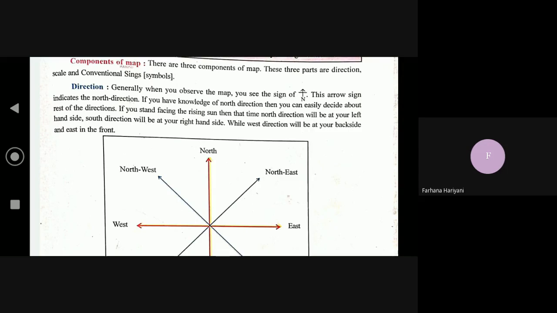South direction will be at your right hand side, while west direction will be at your back side and east in the front. Yes. So all this is about directions. Generally the north direction sign, this arrow sign, is shown in all the maps.